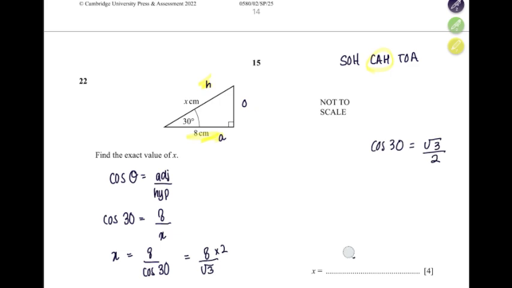But if you wanted to simplify this even more, we can do that. It's better to do that. We need to find the exact value, right? 16 by square root 3 multiplied by square root 3 over square root 3. This gives us 16 square root 3 divided by 3.